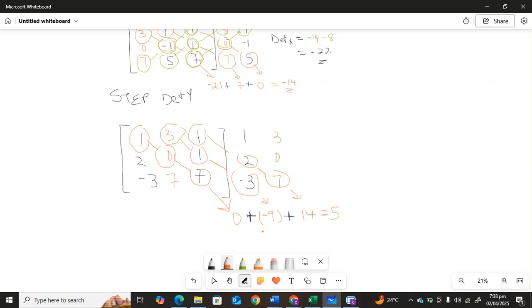Next, we go to the trailing diagonals. So it's that negative 3 multiplied by 0 multiplied by 1. That will give you 0 plus 7 times 1 times 1.